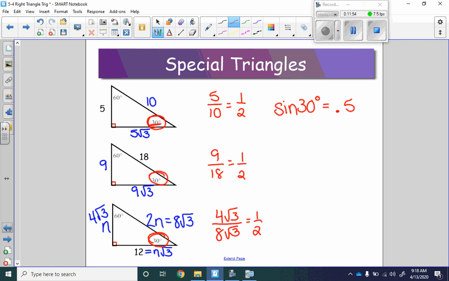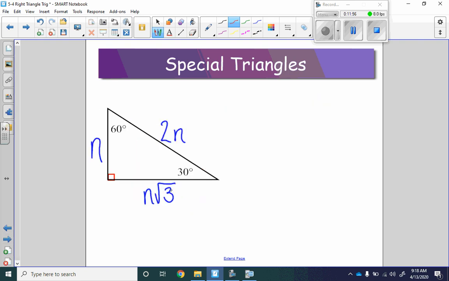Now, if I go back to our special triangle, working with 30 degrees, we said that the sine of 30 degrees is always going to be 1/2. Sine is opposite over hypotenuse, so n divided by 2n, the n's cancel, and you get 1/2.